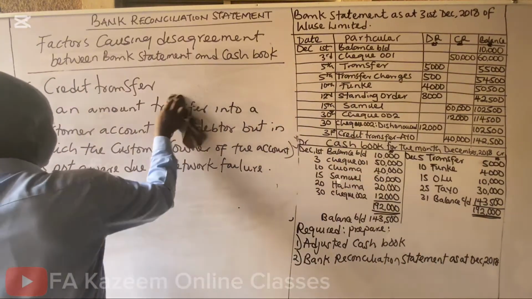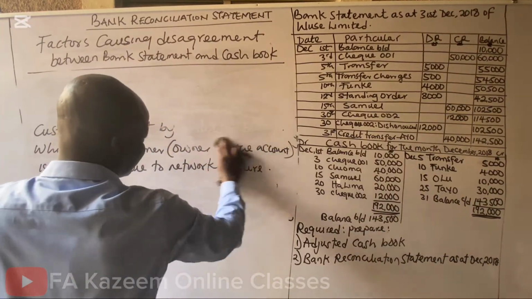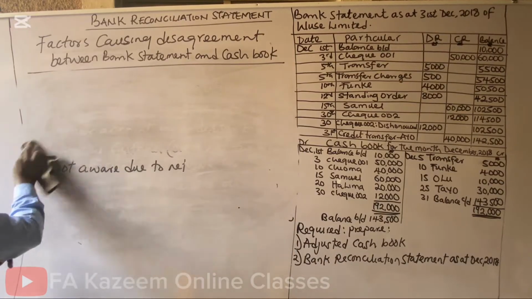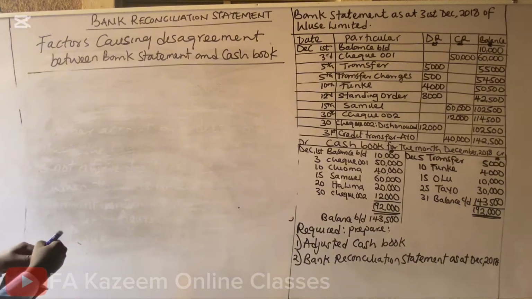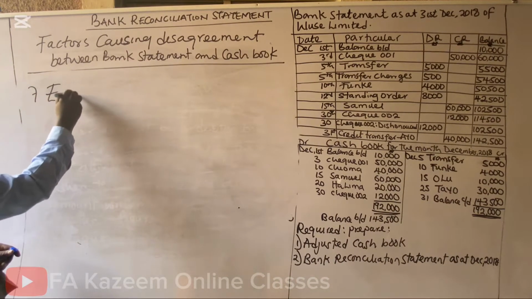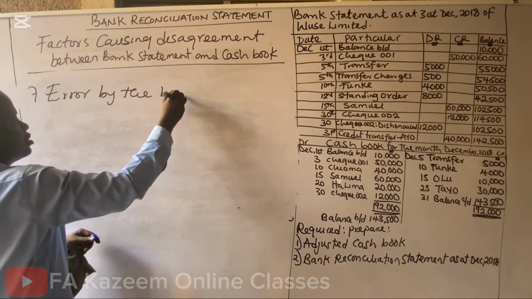The last two factors that can create disagreement between the bank statement and the customer's cash book is what we know as error by the bank.